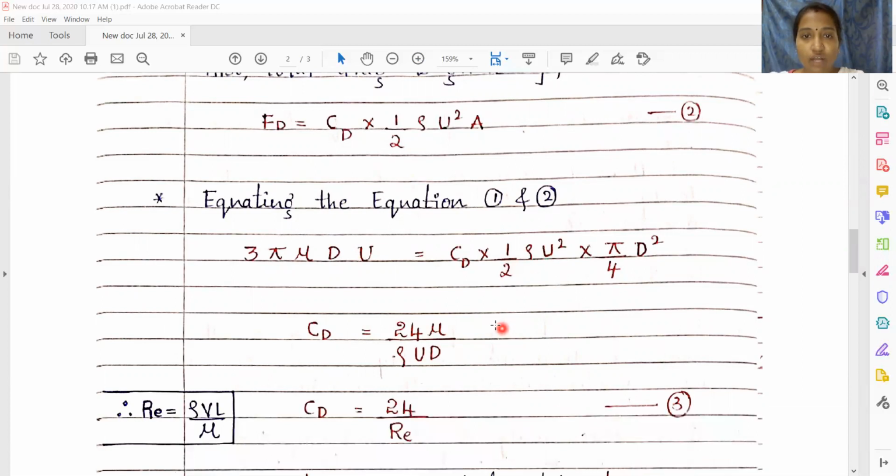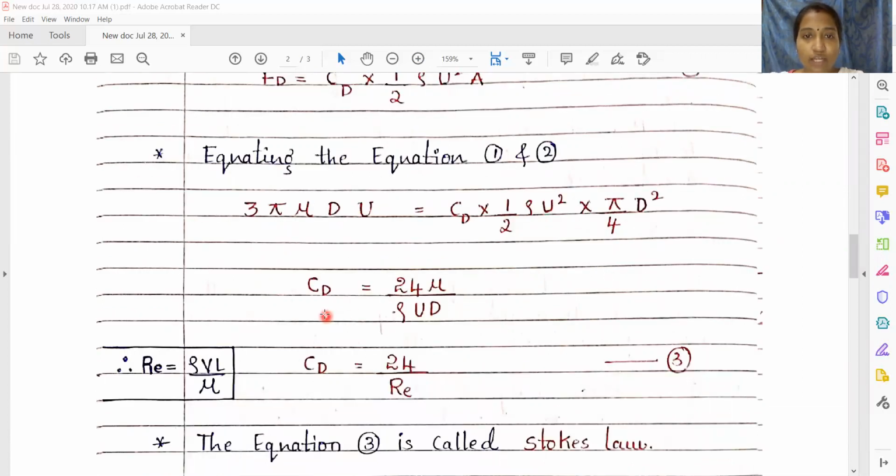So after all this cancellation, you will get Cd, the coefficient of drag, is equal to 4 2s are 8, 3s are 24. That is 24 mu by rho u d. So this mu by rho u d, you can write in the form of the Reynolds number, that is rho V L by mu, where V is velocity.